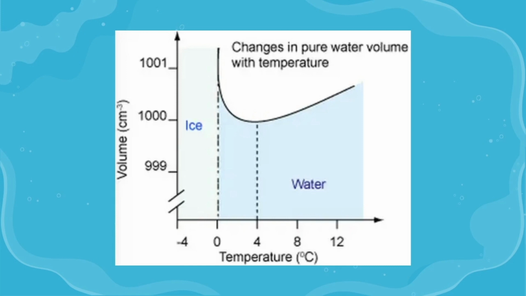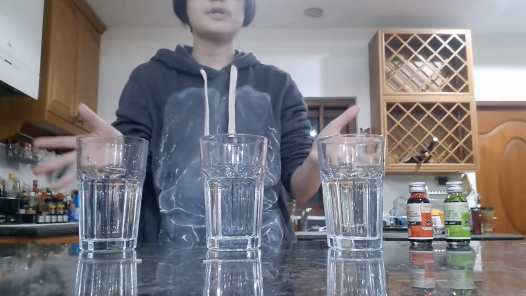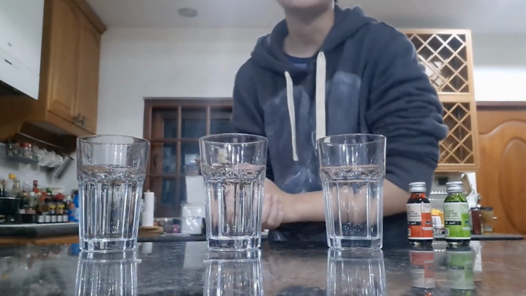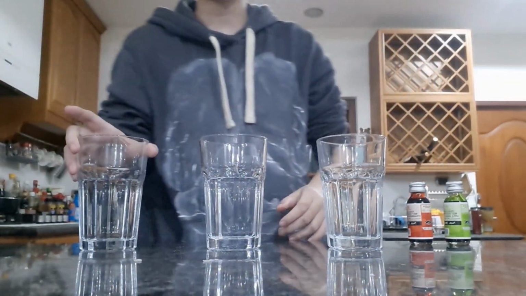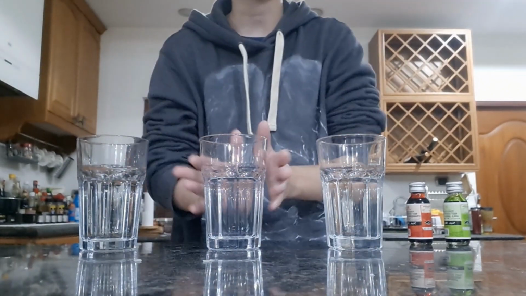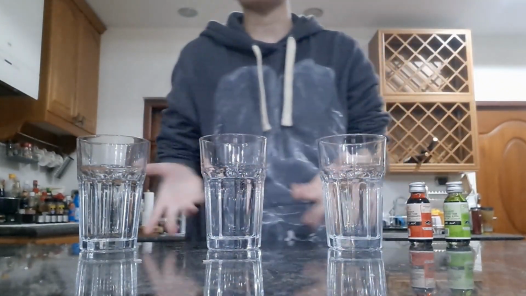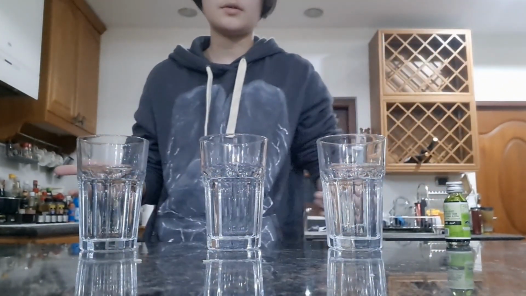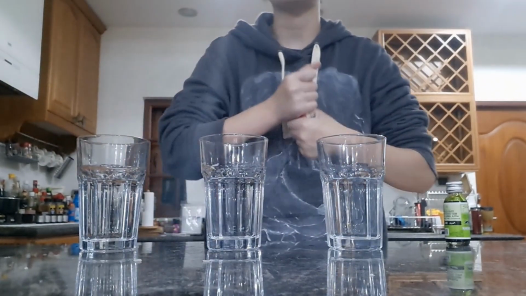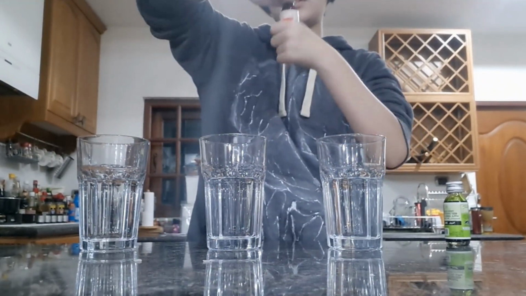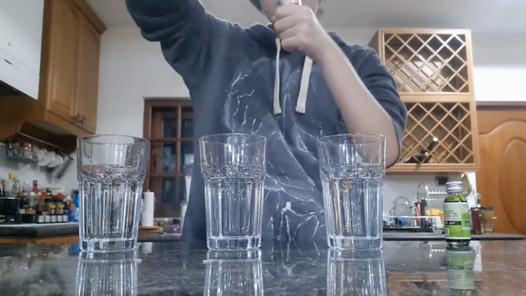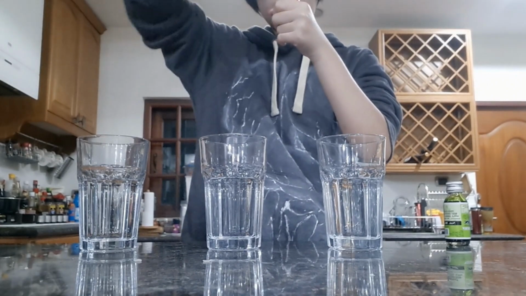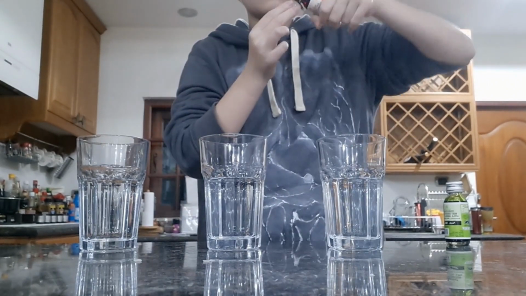Let's get to it. Alright, so in front of me we have 3 identical cups filled with 200 milliliters of water. This one will be going to the freezer, this one will be our room temperature one, and this one will be going in the double boiler, so the glass doesn't explode, which will be shown later. To differentiate all of them, I have some food coloring, which I will be putting this orange one in the one getting heated up because the colors match.